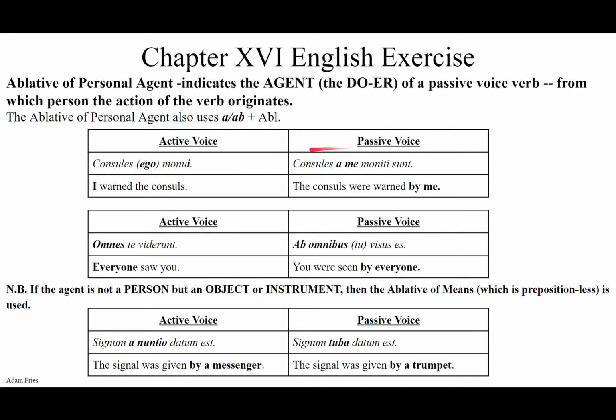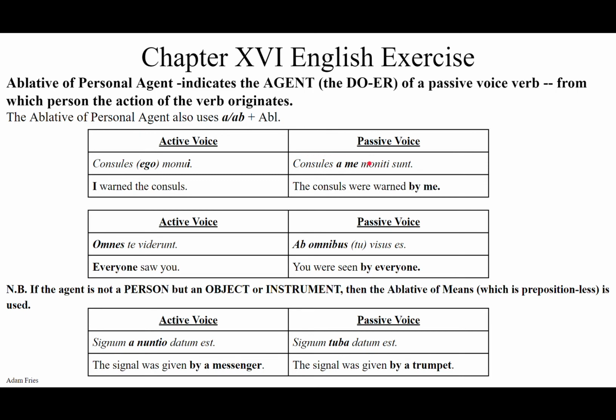In active voice, I actively did the action to a direct object. In the passive voice, what is the direct object, the consules, becomes the subject. Consules a me moniti sunt. The consuls are now the subject. The verb is now passive voice, not perfect active monui, but perfect passive moniti sunt, agreeing with the consules.